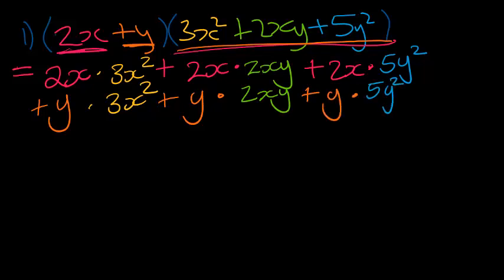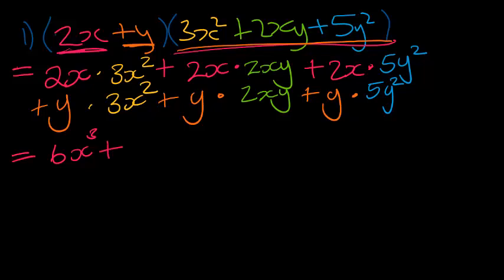Now that we've done that, we are going to multiply it out. So 2x multiplied by 3x squared gives me 6x cubed. We add the exponents, so x to the 1 plus x to the 2 gives me x cubed.